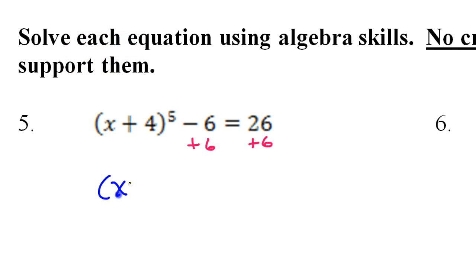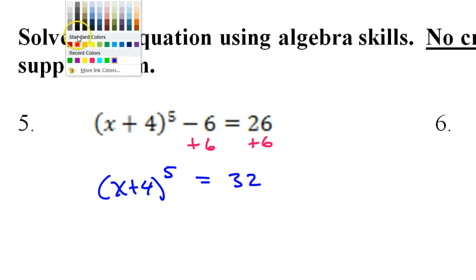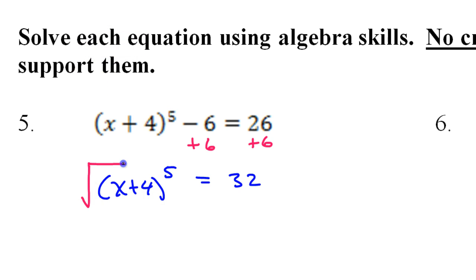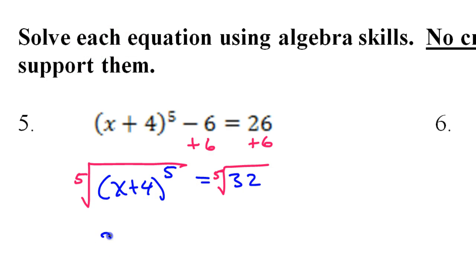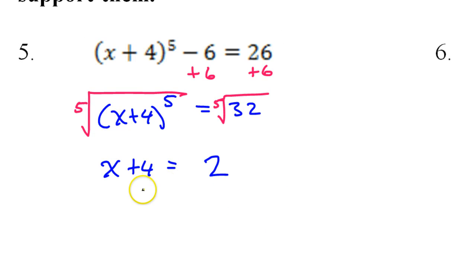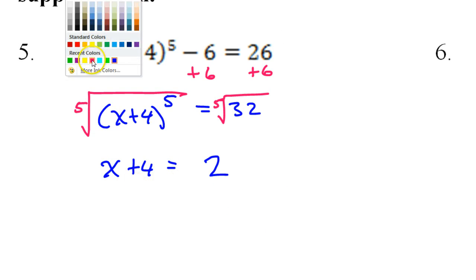So that gives us x plus 4 to the 5th power is equal to 32. If I want to get rid of the 5th power, I do the 5th root to both sides of the equation. Alright, so these are going to cancel out and leave x plus 4, and the 5th root of 32 is 2. If you didn't know that, you could use your power table. Then we will subtract 4 from both sides.